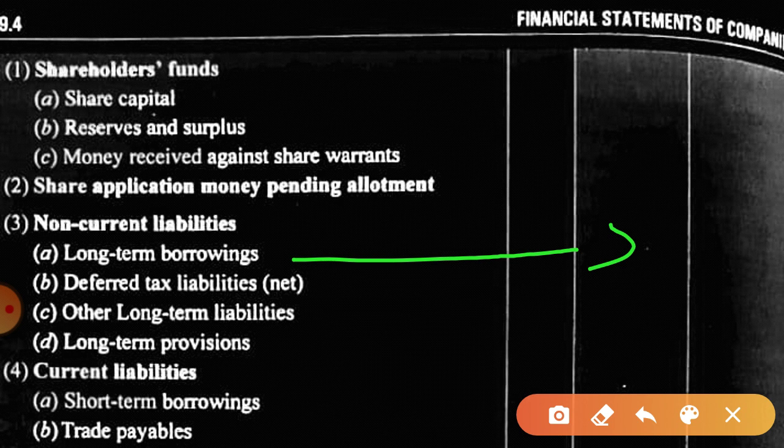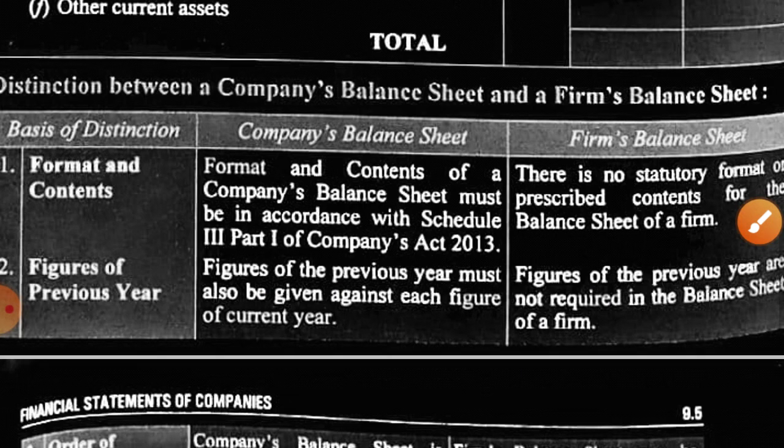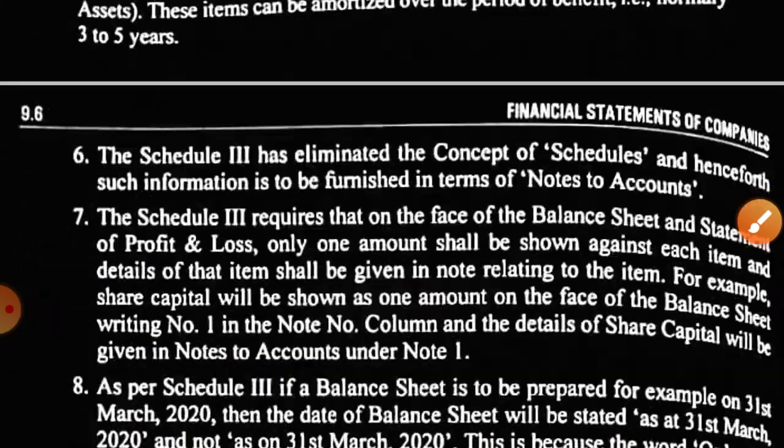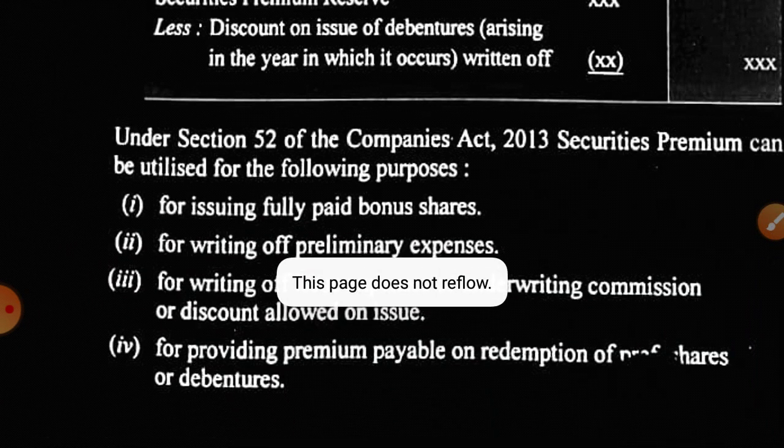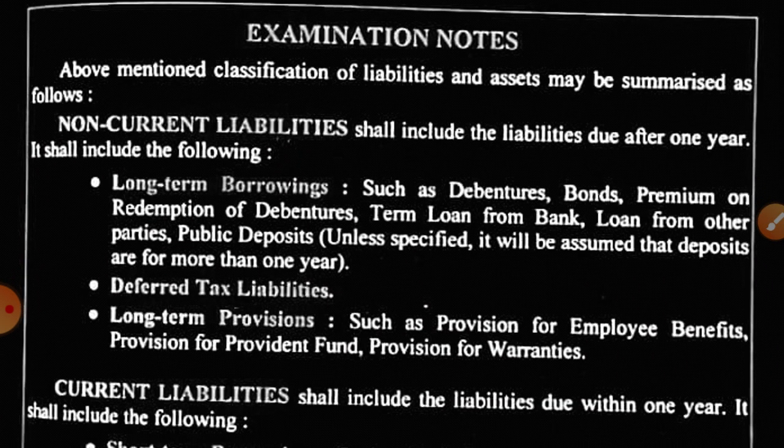Then the next one I told you, other current liabilities. What are other current liabilities? Like trade payable on account of purchase of fixed assets, or any interest accrued, which is payable. Is this point clear? Here's the explanation, and these things will be shown in notes to account.